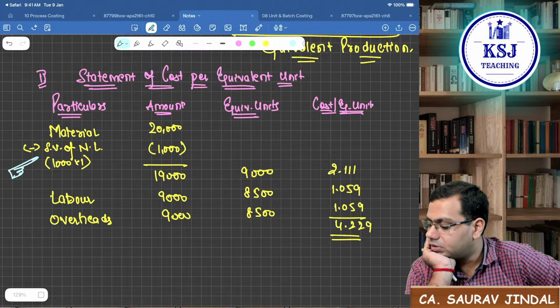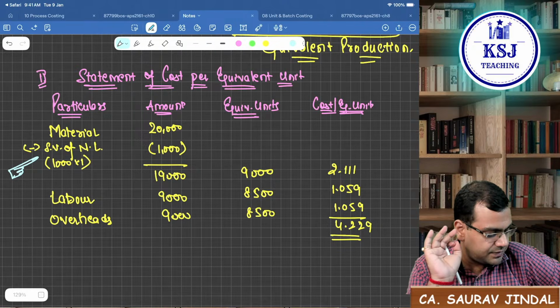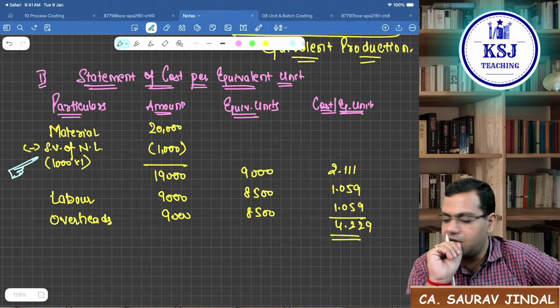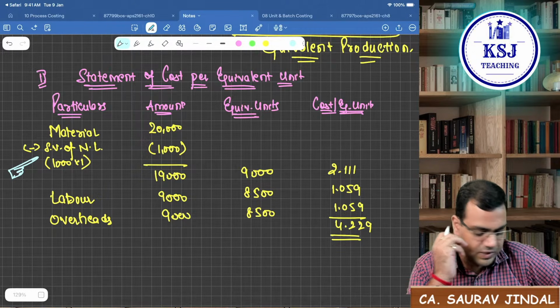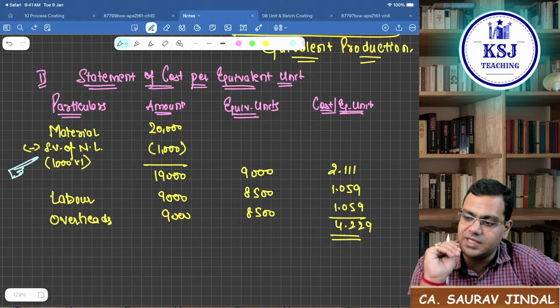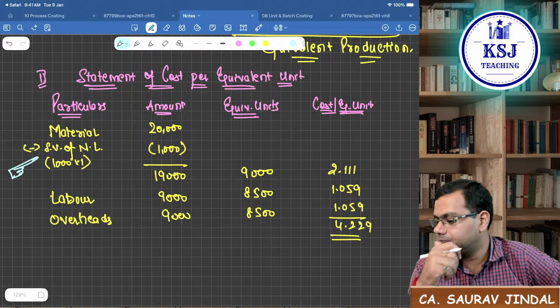Is the statement of cost per equivalent unit clear to you? Any doubts in this part? Then I will go to the next part, that is valuation of finished goods and valuation of closing WIP. Clear?